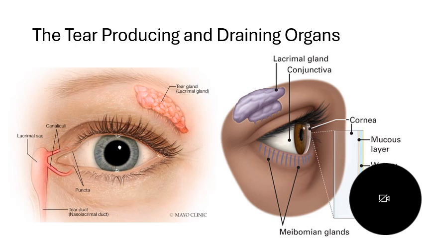People think it's the lens that does the focusing, but actually the lens is the least powerful focusing mechanism inside our eye. The tear film on the surface of the eye does the primary focusing work. That's why if people have dry eyes, they will have blurry vision because they are not able to focus light properly.